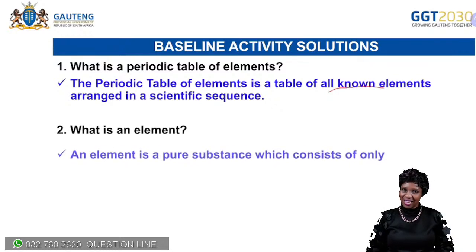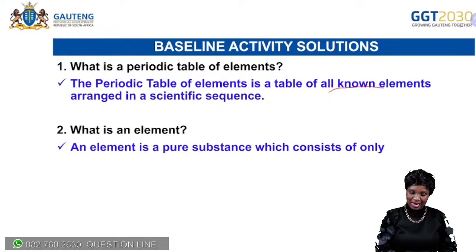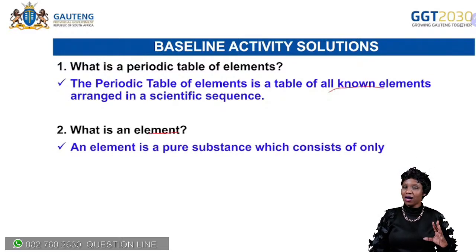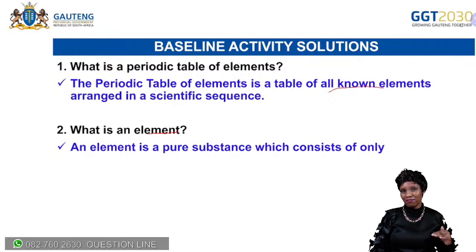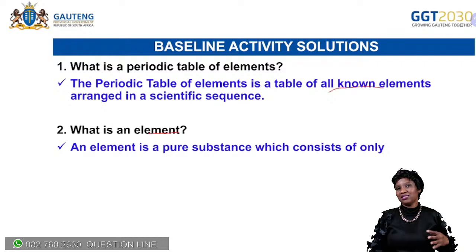What is an element? What do you think an element is? Remember, we find these elements on the periodic table of elements. These are the known elements that we have. Do you get it?